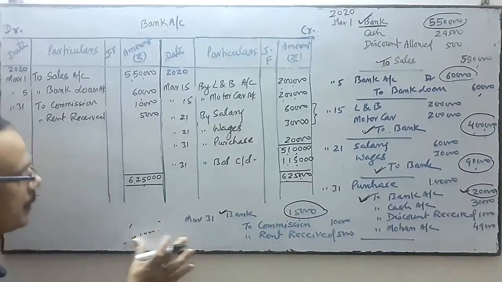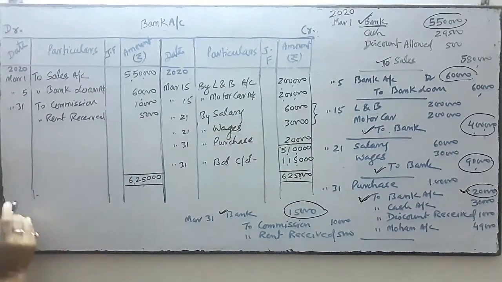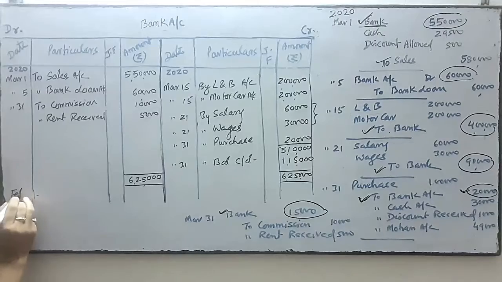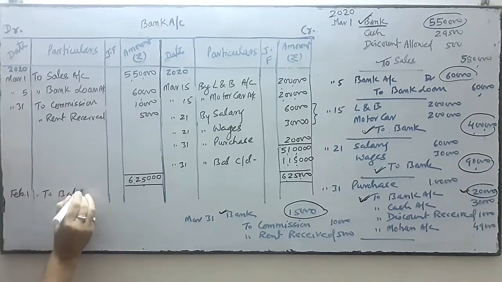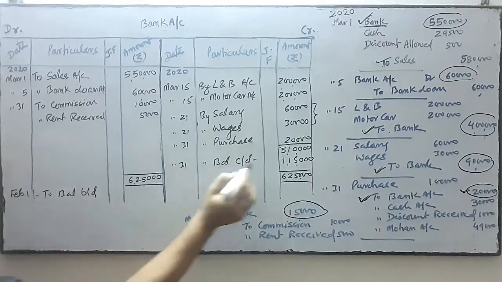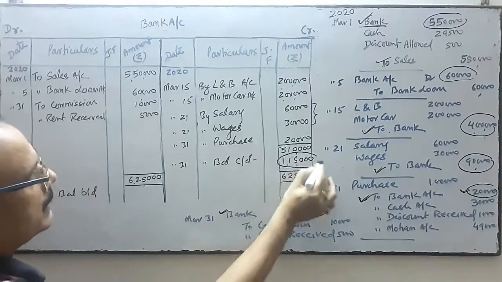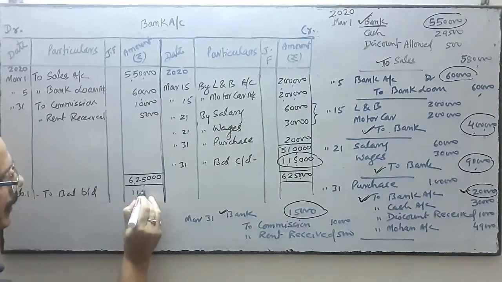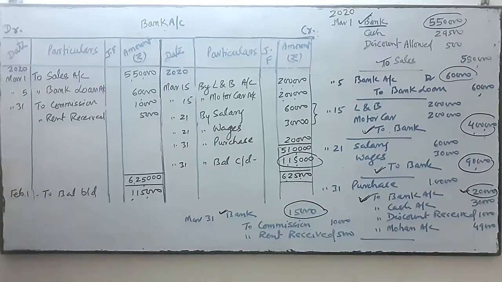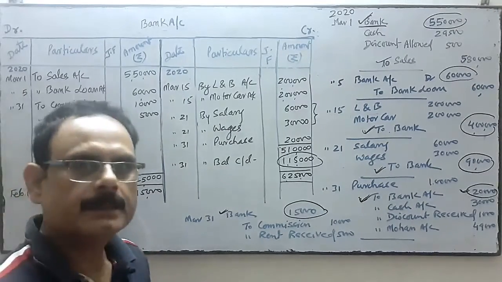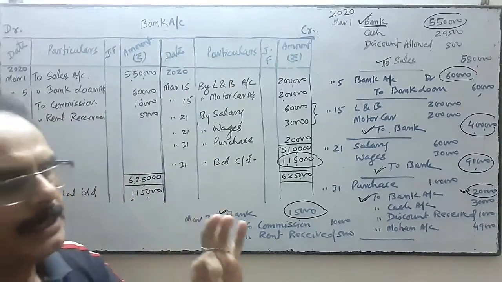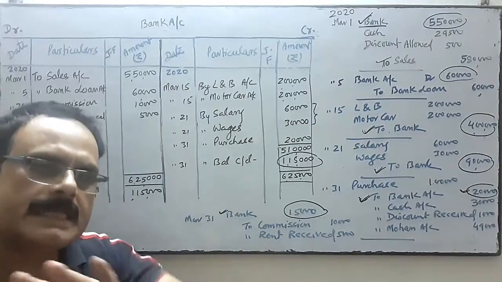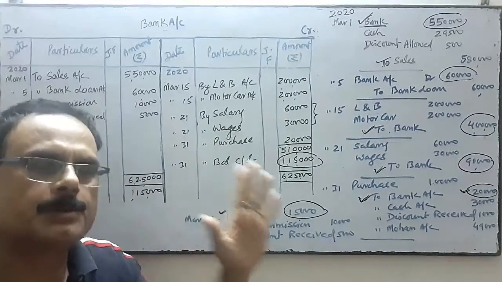This balance will be brought down in the next month, on the first day of the next month, balance brought down, 1,15,000.